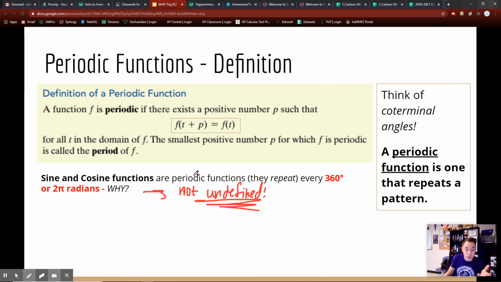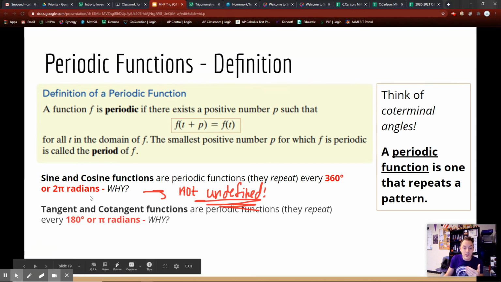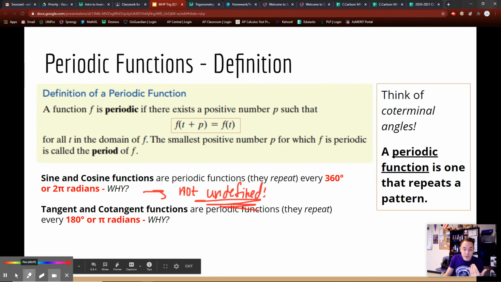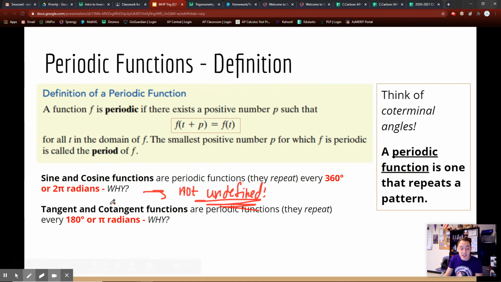That's what we say. Now, this is true for sine and cosine, but is it true for tangent and cotangent? Sort of. Instead of repeating every 360 degrees, they repeat every 180 degrees, or pi radians. Why? Because there are trig functions, specifically tangent and cotangent, which are undefined at certain values.